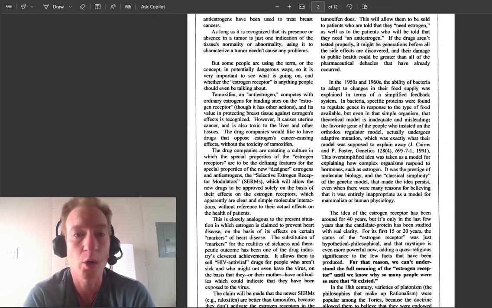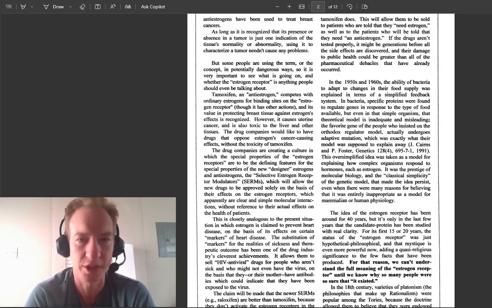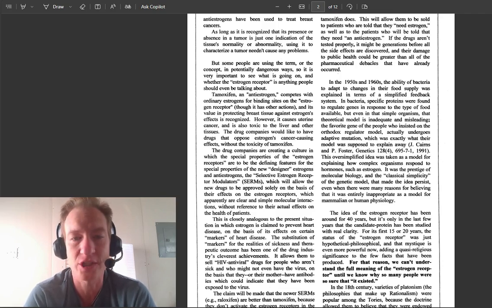Tamoxifen, an "anti-estrogen," competes with ordinary estrogens for binding sites on the "estrogen receptor," though it has other actions, and its value in protecting breast tissue against estrogen's effects is recognized. However, it causes uterine cancer and is also toxic to the liver and other tissues.